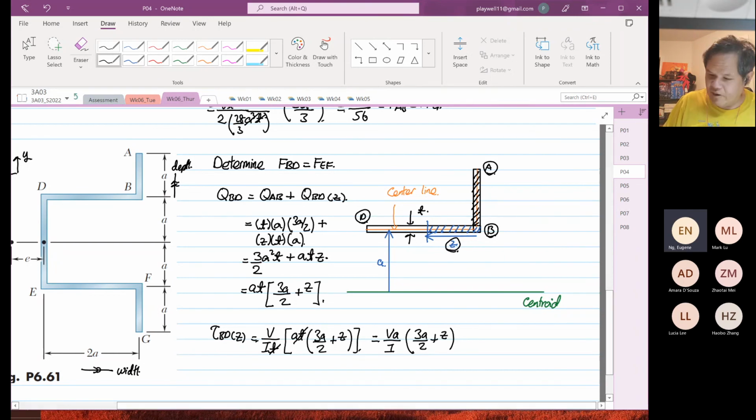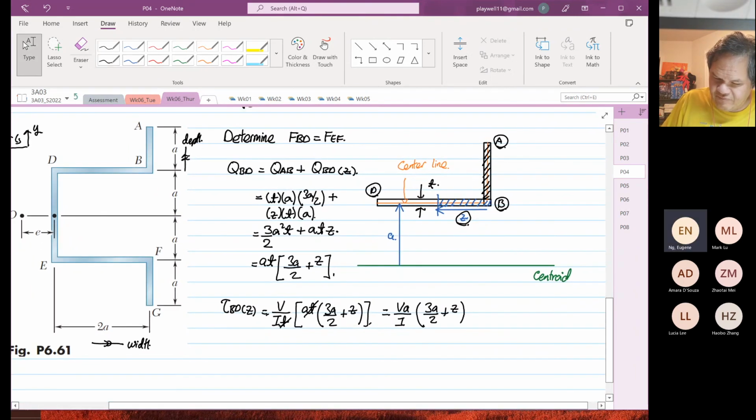Then we do the same thing again to find our FBD. FBD will be equal to the integral from 0 to 2A of the stress BD as a function of Z with respect to dA. Why is it 2A?